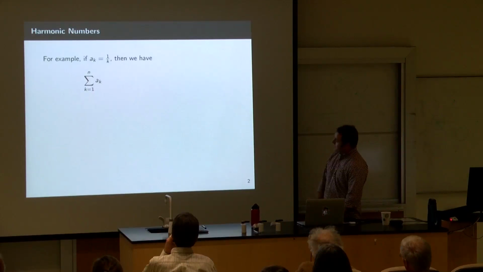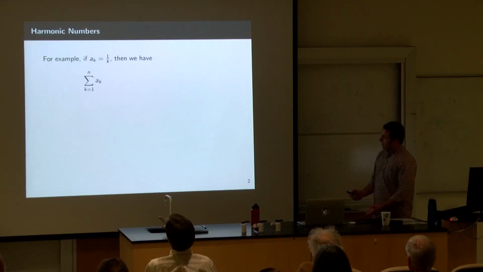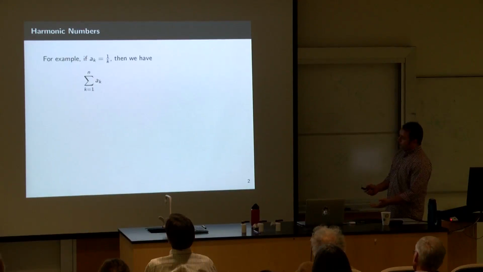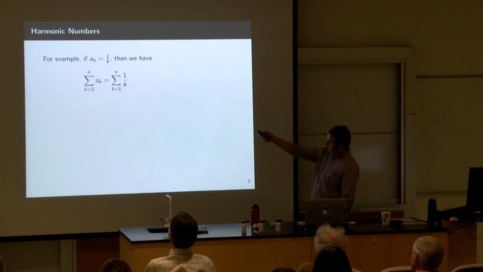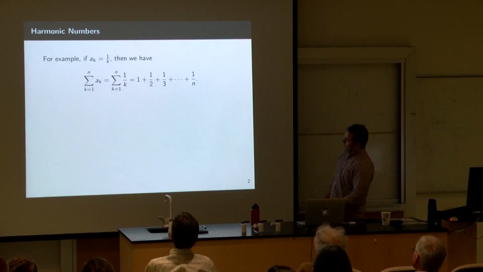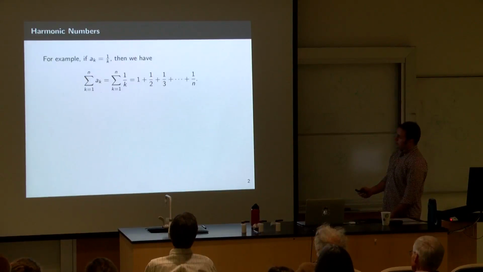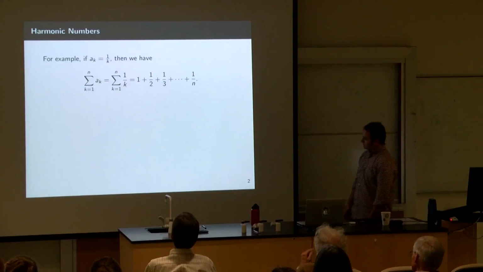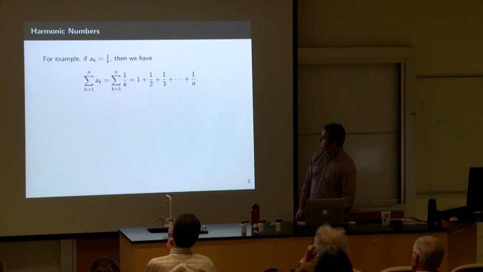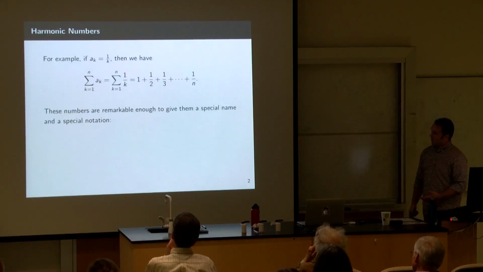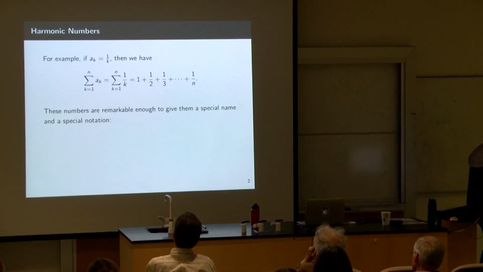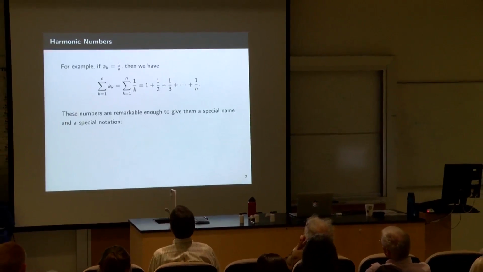So for example, if your sequence of numbers a_k is defined to be 1 over k for each k, then this sum of a_k from k equals 1 to n is just the sum from k equals 1 to n of 1 over k, which is just 1 plus a half plus a third, all the way up to 1 over n. These numbers are remarkable enough to give them a special name and a special notation.